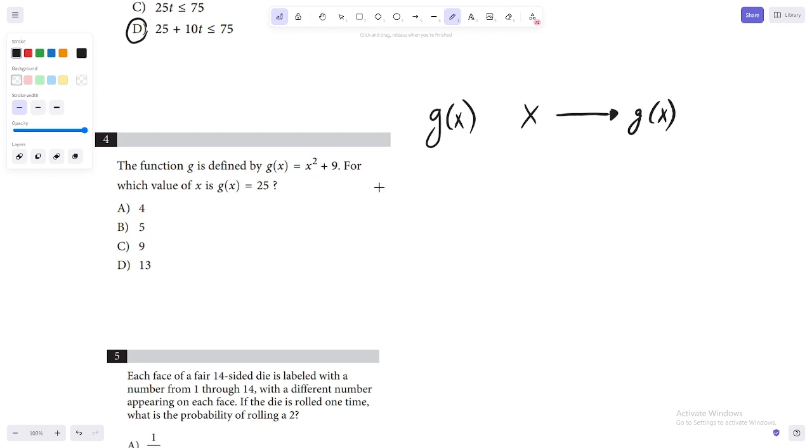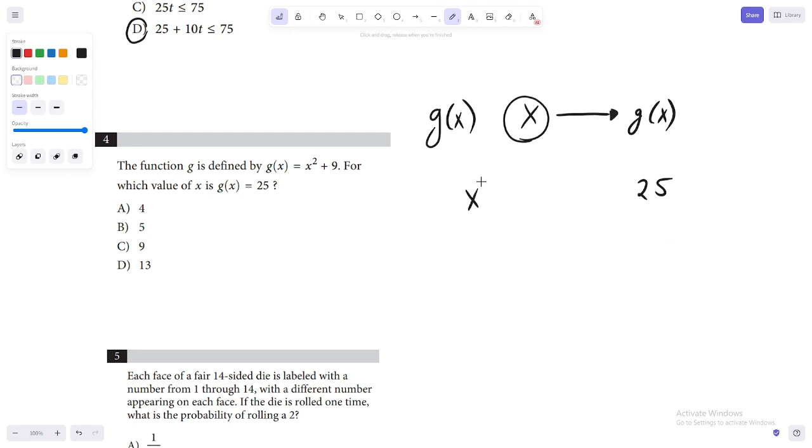So in our case, the number it's returning is 25. And we have to find out what value of x we need to provide so we get 25 as a result.